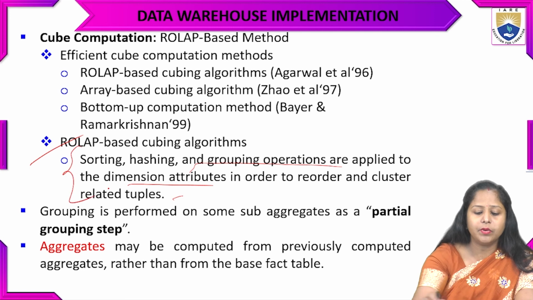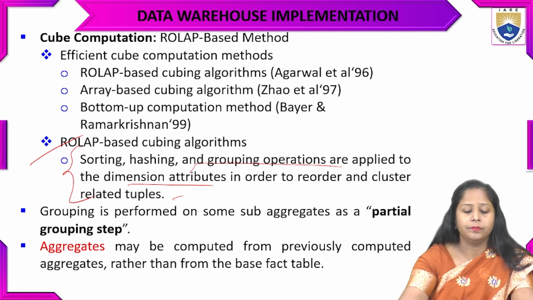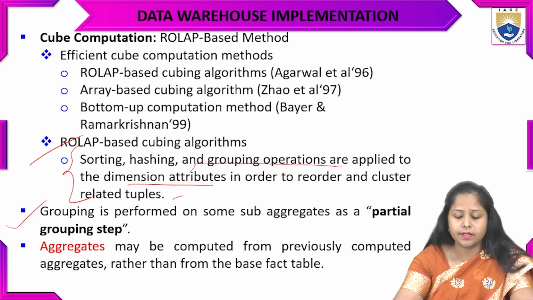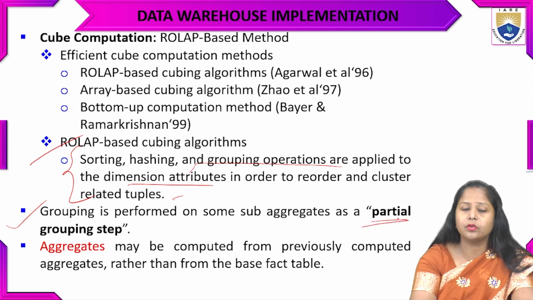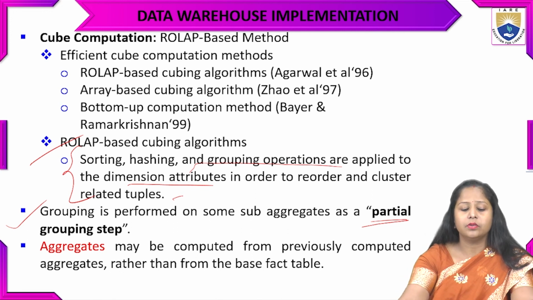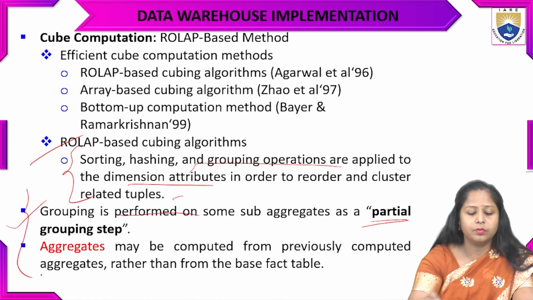So this type of algorithm will be applied for the sorting and grouping operations. The grouping is performed on some of the aggregates, like a partial grouping step. The sub aggregation has another name, that is partial grouping step. So the grouping will be performed in this phase of the cube computation.